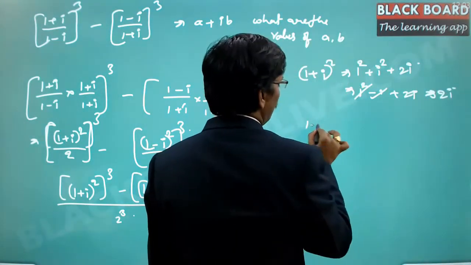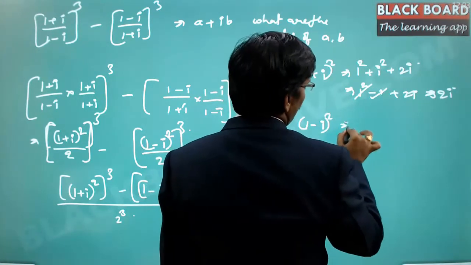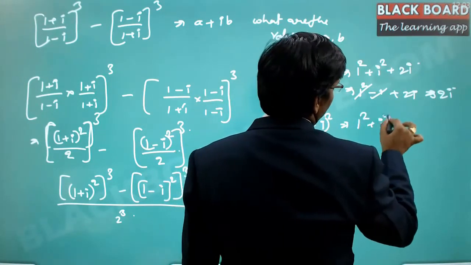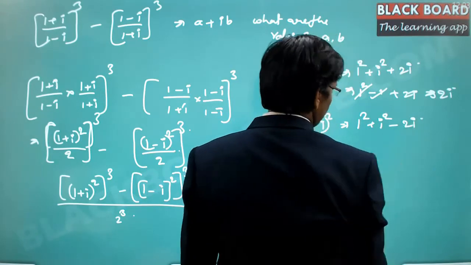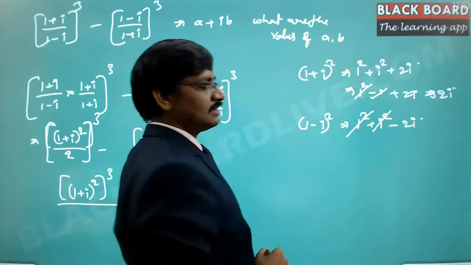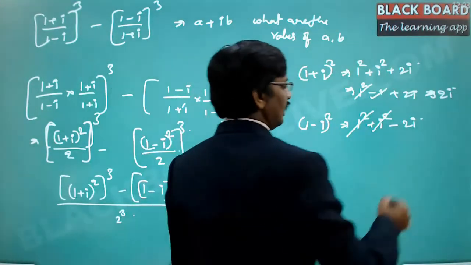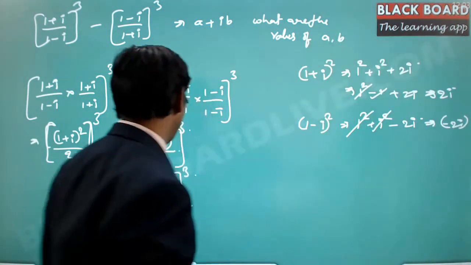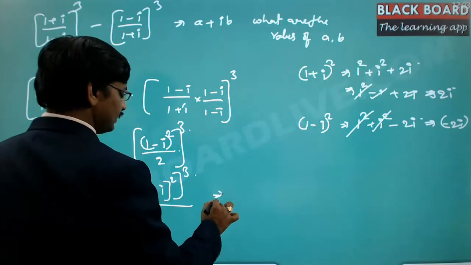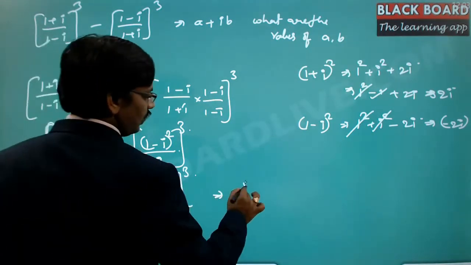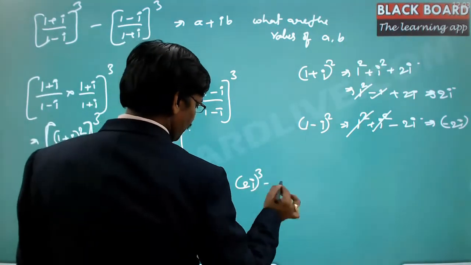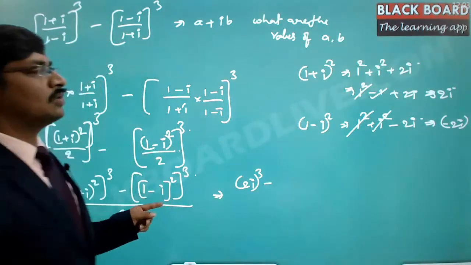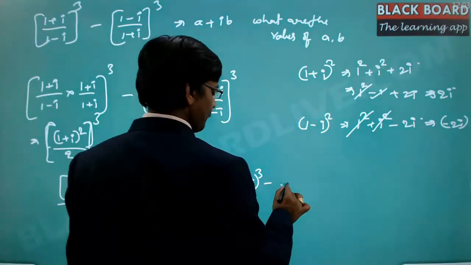Similarly, 1 minus i whole square is equal to 1 square plus i square minus 2i. So 1 square and i square cancel out because i square is equal to minus 1, and this is going to be minus 2i. Now, if you put the values here, 1 plus i whole square can be replaced with 2i whole cube, minus, here 1 minus i whole square can be replaced with minus 2i whole cube.